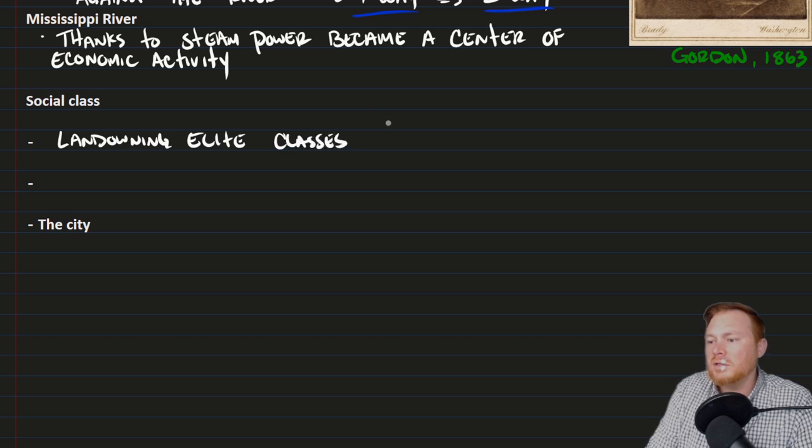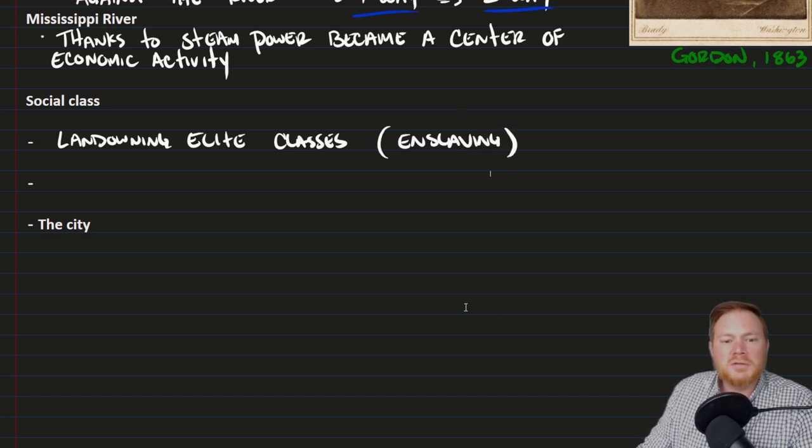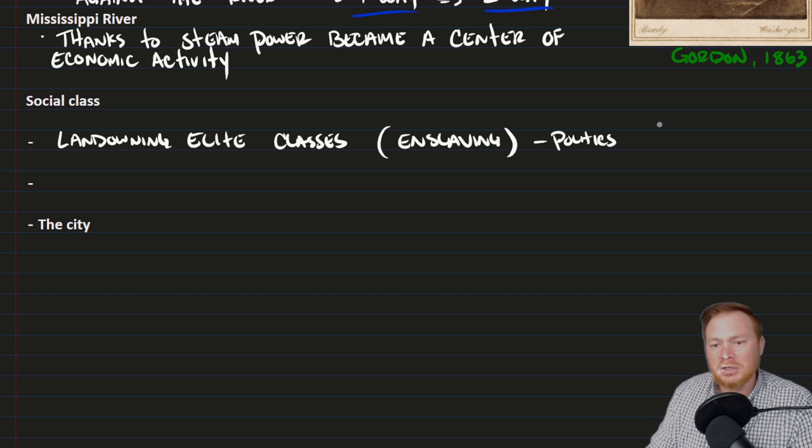And we might even make a subsection here, and that is the enslaving class, the slave owning class. This would have been a class that is in very, very small numbers. Typically, not only do they own land and own enslaved individuals, but they're also into politics, right? When we think about presidents and Supreme Court judges and senators and stuff like that, it's from this class.